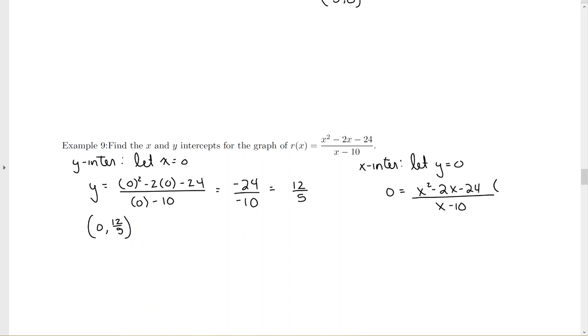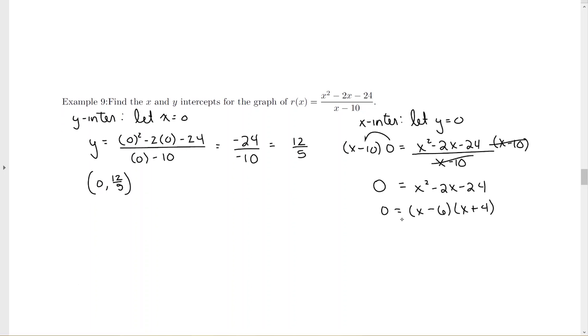When I do that, you're really just setting the numerator equal to 0. Right? Because 0 times this is always going to be 0. The denominator is always going to cancel out. So you're just setting the numerator equal to 0 when you want to find the x-intercept. Now this time it's a quadratic, so I'm going to have to factor it or use the quadratic formula if I want.